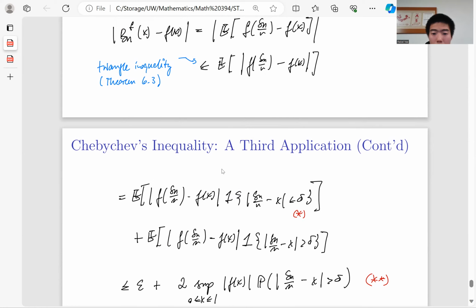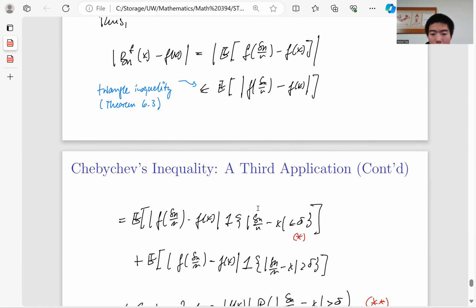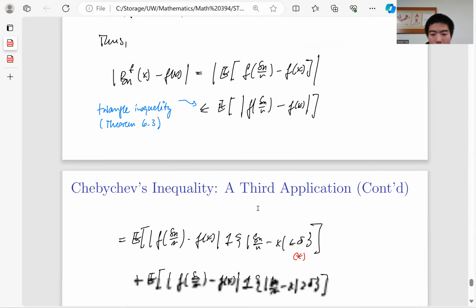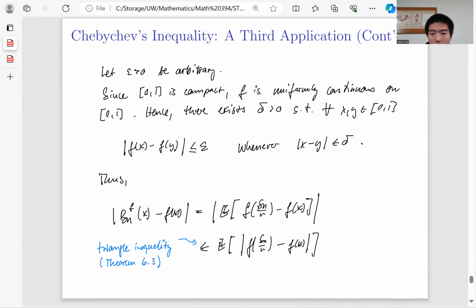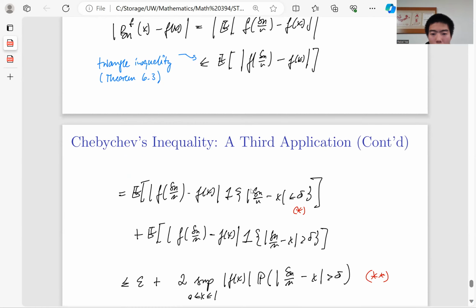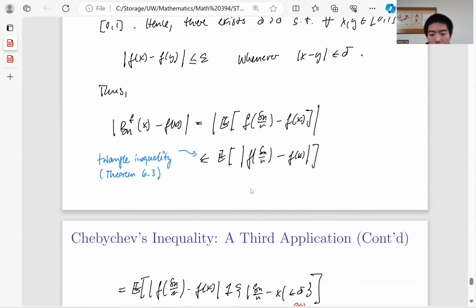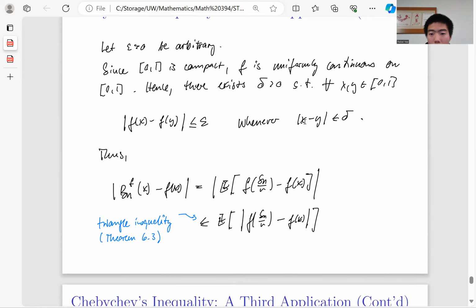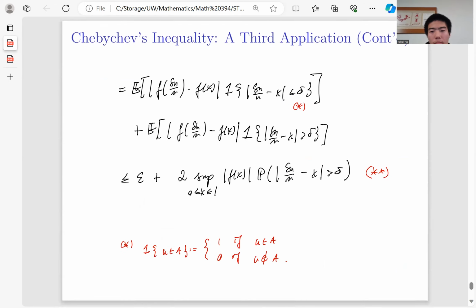And in that case, because we have already found that if |Sn/n - x| is smaller or equal to delta, then the function difference is always smaller or equal to epsilon.